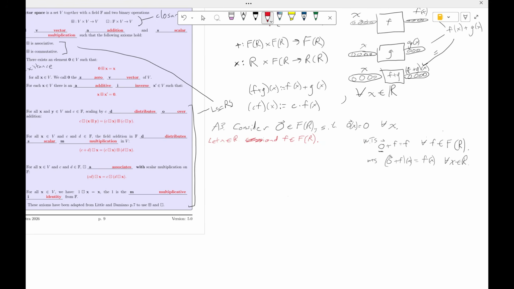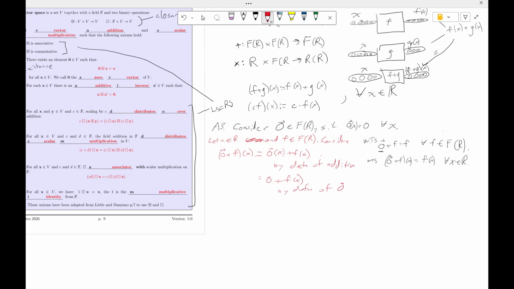Now I'm going to consider 0 bar plus f of x. Now 0 bar plus f of x equals 0 bar of x plus f of x by definition of addition, which equals, now 0 bar of x equals 0 by definition of 0 bar.